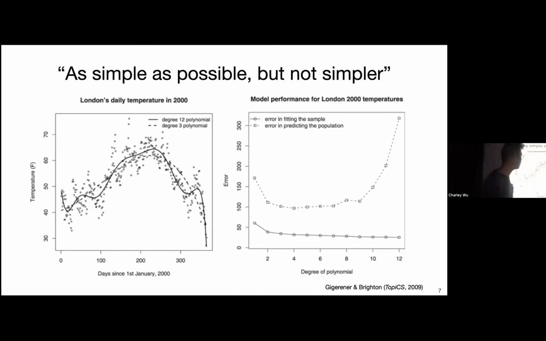But it's really when we're looking at the difference between fitting and prediction that the differences between these models play out. Here I'm going to show you many different types of models across many different degrees of polynomial. The more degrees of polynomial, the more complexity in the model, the more flexibility in capturing more diverse patterns. The error in terms of fitting, this line here, continues to decrease as we increase complexity in the model.